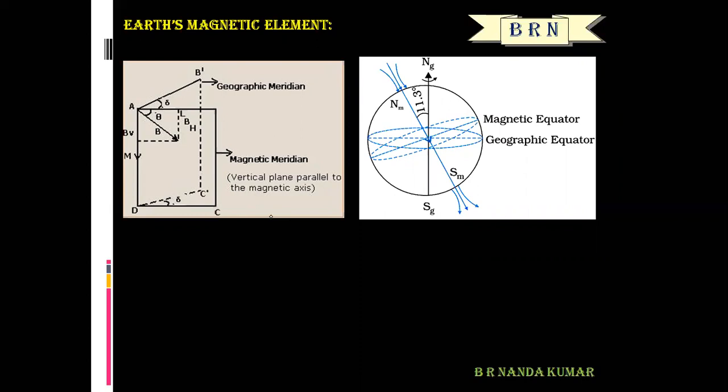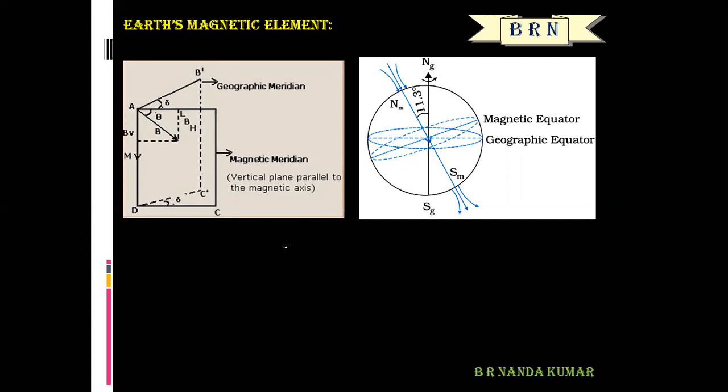Such quantities are called the Earth's magnetic elements. Anything that can be measured is called a quantity, right? The quantities which completely determine the Earth's magnetic field at a place are called the Earth's magnetic elements.